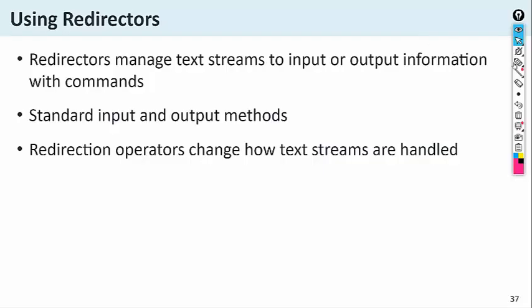Okay guys, in this section we are going to discuss redirectors. Before redirectors, we should know what a redirector is. For example, there is some type of input in the shell when you are running or writing a command. This is the input.